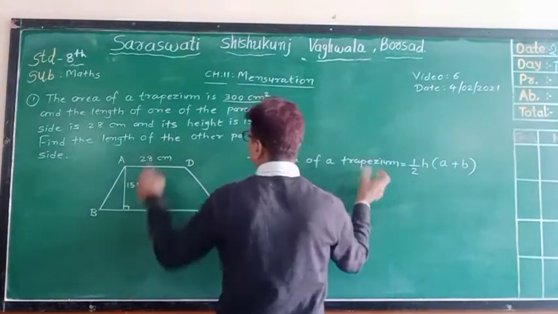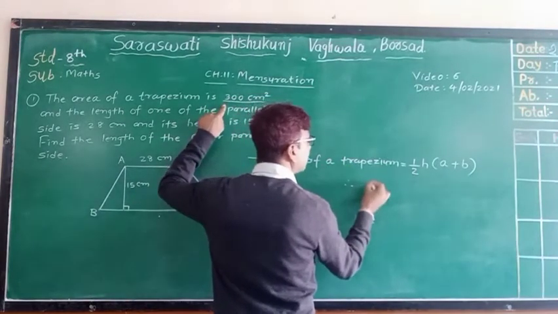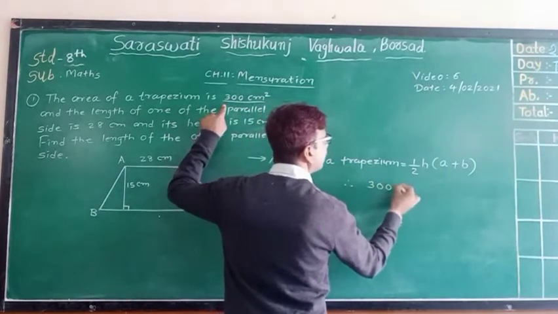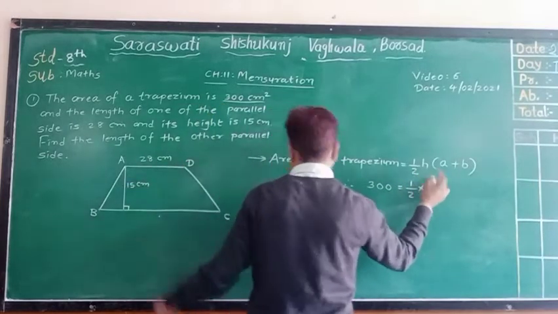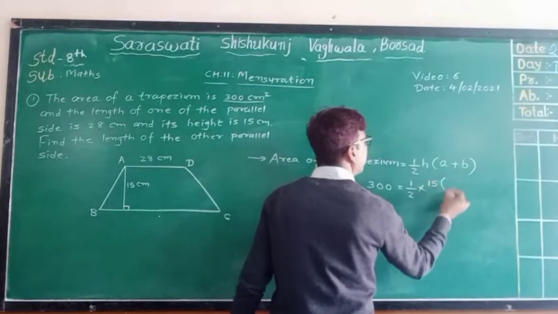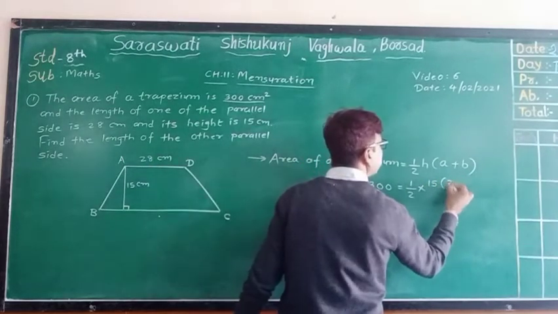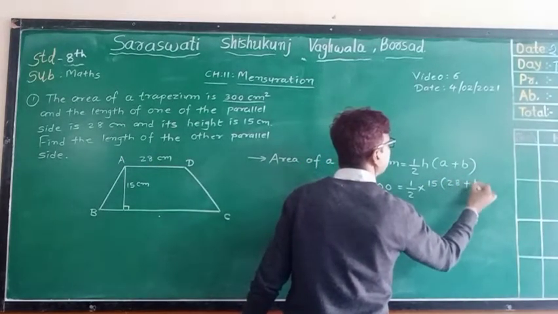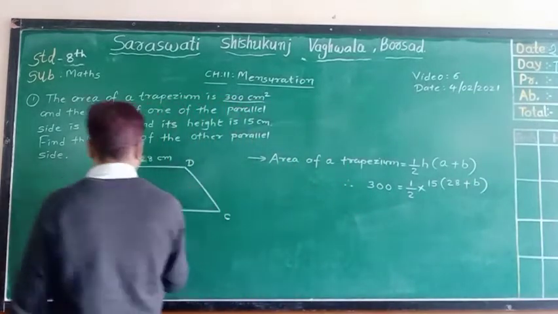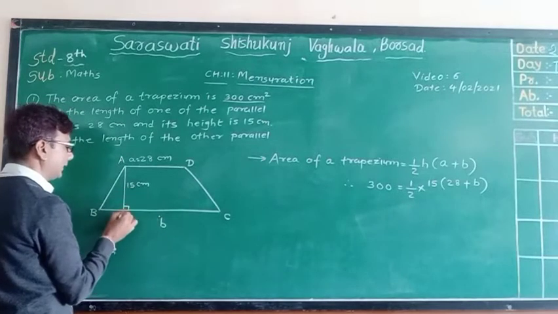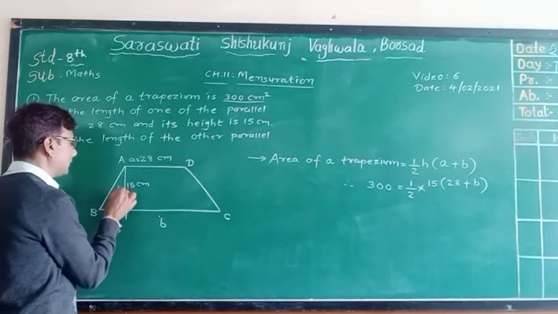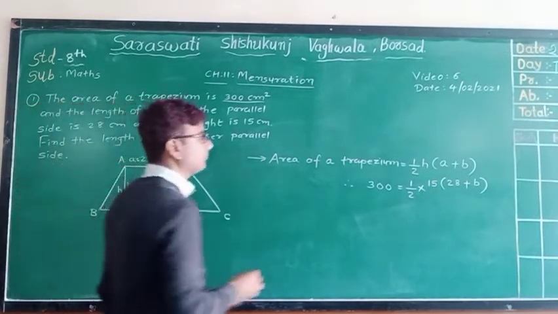The area is given, so we write 300 equals 1/2, height means this distance 15, and a means 28, b we have to find. Is it clear? We take this a, this b, and this h.